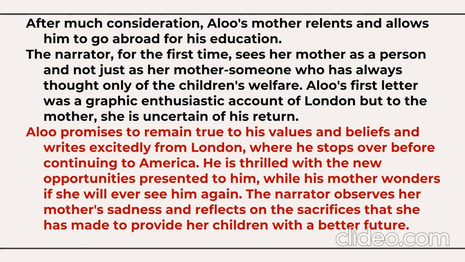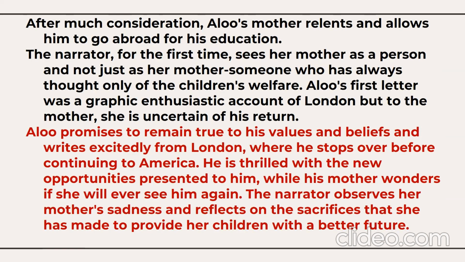The narrator, for the first time, sees the mother as a person, not just as the mother, someone who has always thought only of the children's welfare. Alu's first letter was a graphic, enthusiastic account of London, but the mother is uncertain of his return.